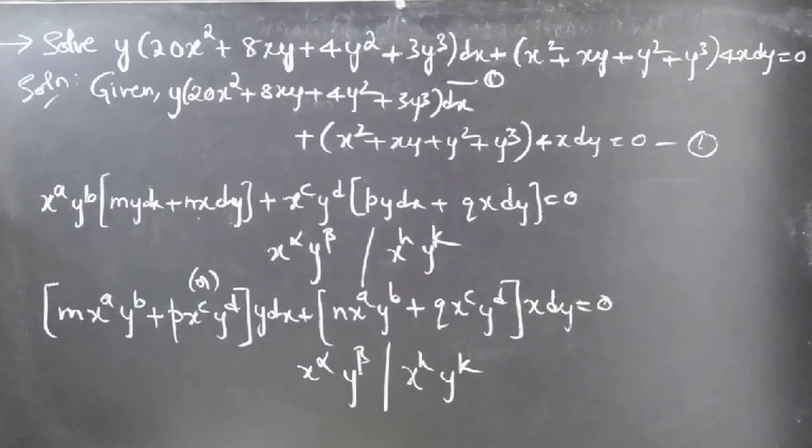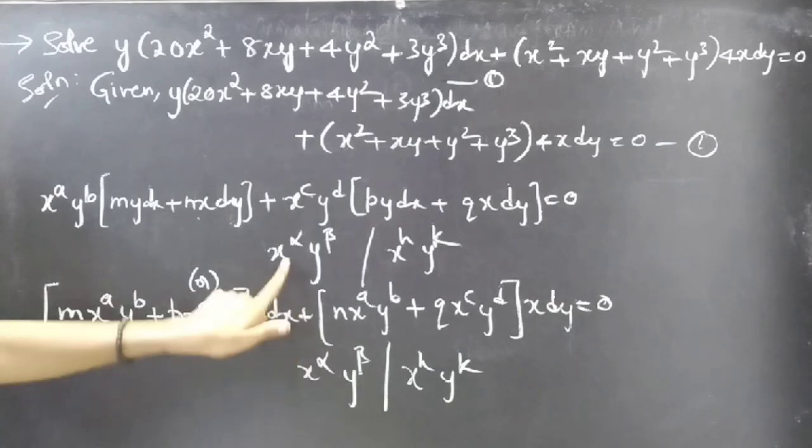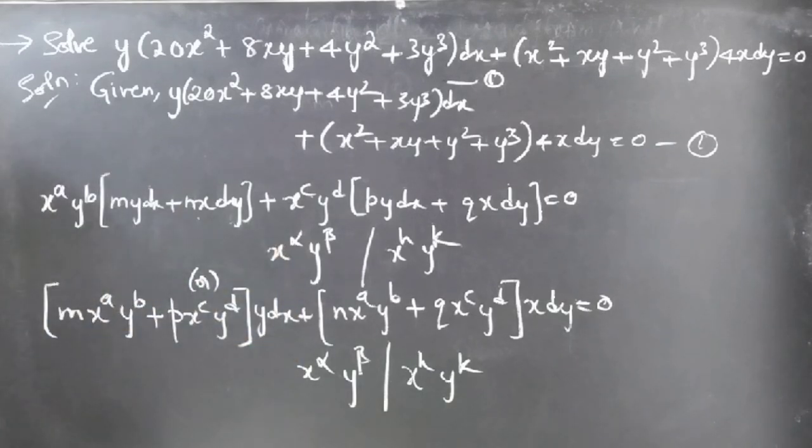Instead of alpha and beta we can just take h and k, okay? If the given equation can be written in either of these two forms, then x^α y^β will be the integrating factor.